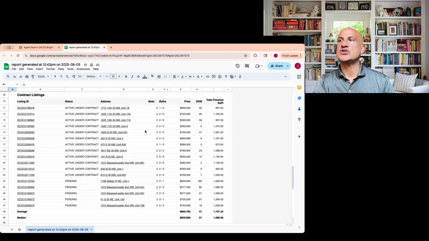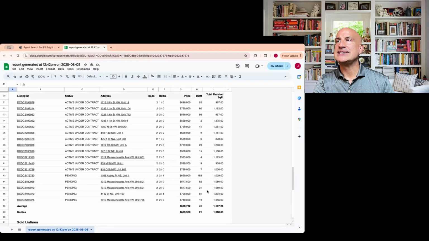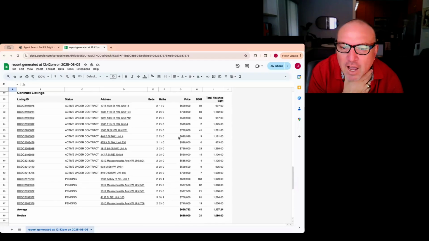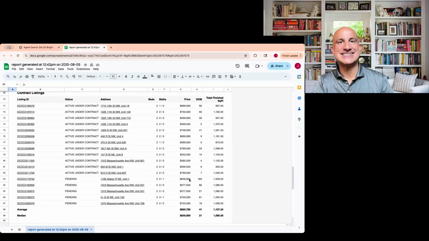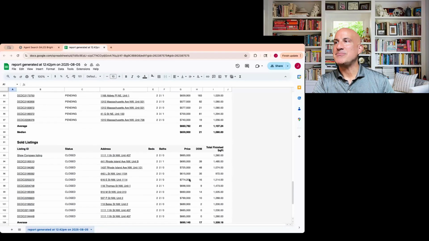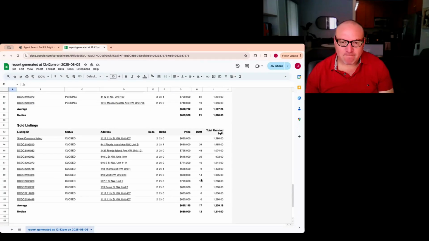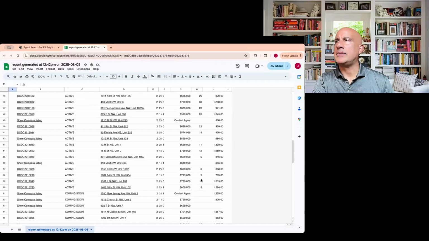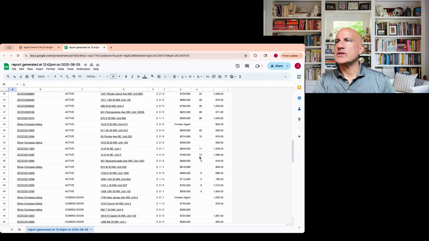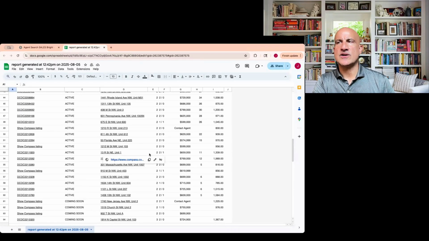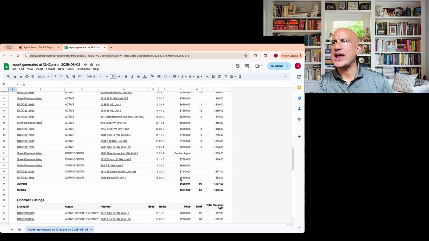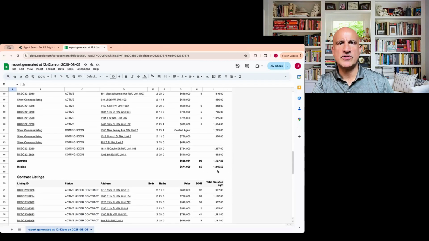I'm thinking that these homes that are under contract are probably going to sell for less. Under list, yes, absolutely, because they're looking at that stuff. So a lot of overpriced homes in here. That's what I'm taking away based on price per square foot.